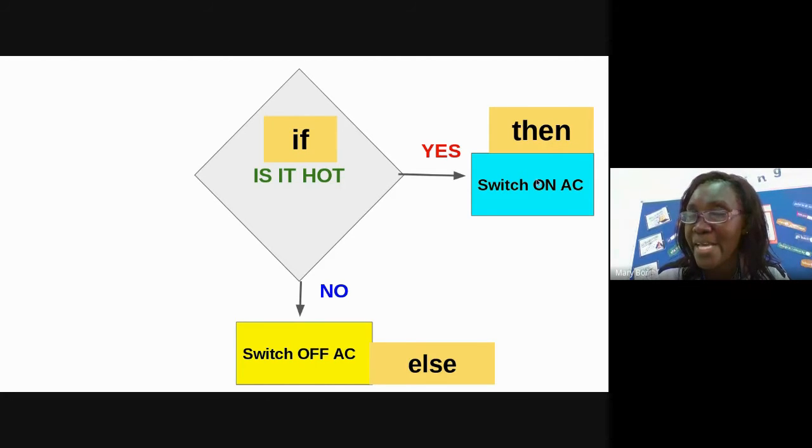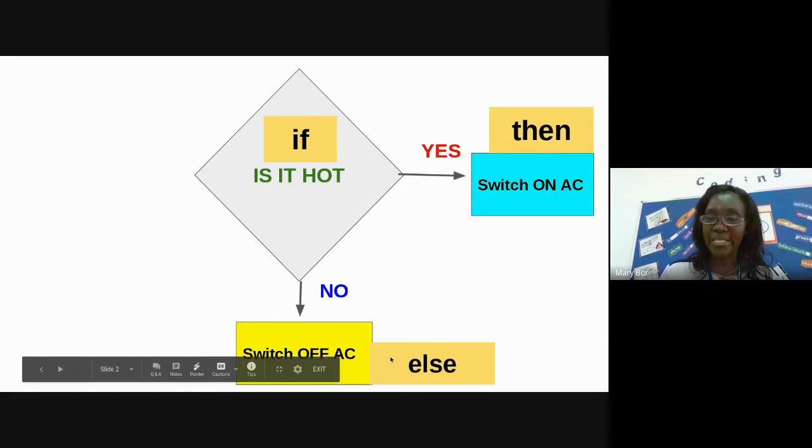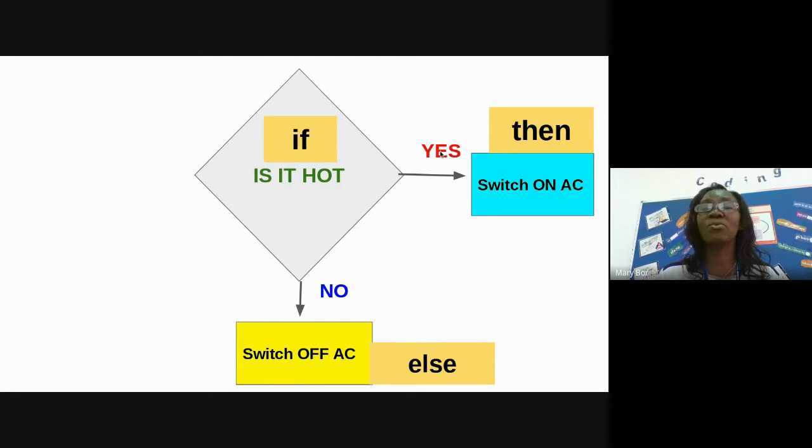Then switch on the AC. So I can say, if room is hot, then switch on the AC. But if it is not, that is what we say else, or else what do you do? You switch off the AC. So else works for when the answer is no, and then works for when the answer is yes.